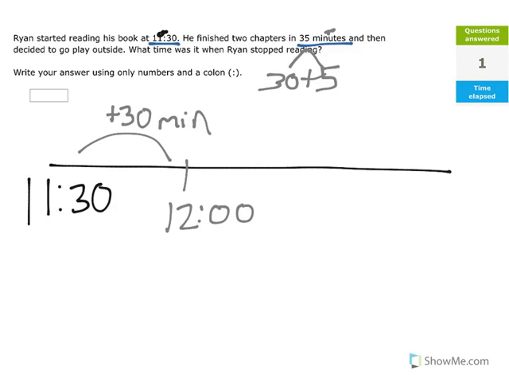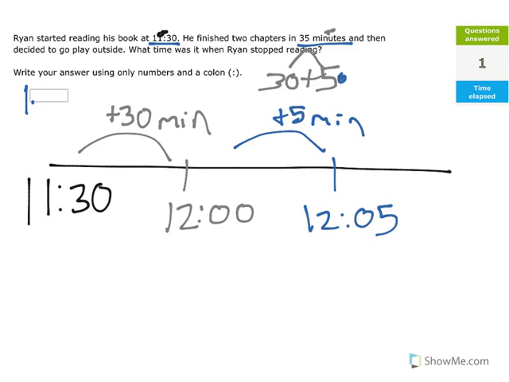And then I need to add 5 more minutes. So plus 5 minutes. And that would put me at 12:05. So, what time was it when Ryan stopped reading? It was 12:05. Let's look at one more example.